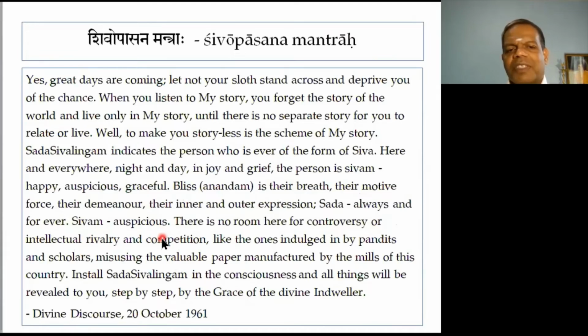Shivam is auspicious. There's no room here for controversy or intellectual rivalry and competition, like the ones indulged in by pundits and scholars, misusing the valuable paper manufactured by the mills of this country. Install Sadashiva Lingam in the consciousness, and all things will be revealed to you, step by step, by the grace of the divine indweller.